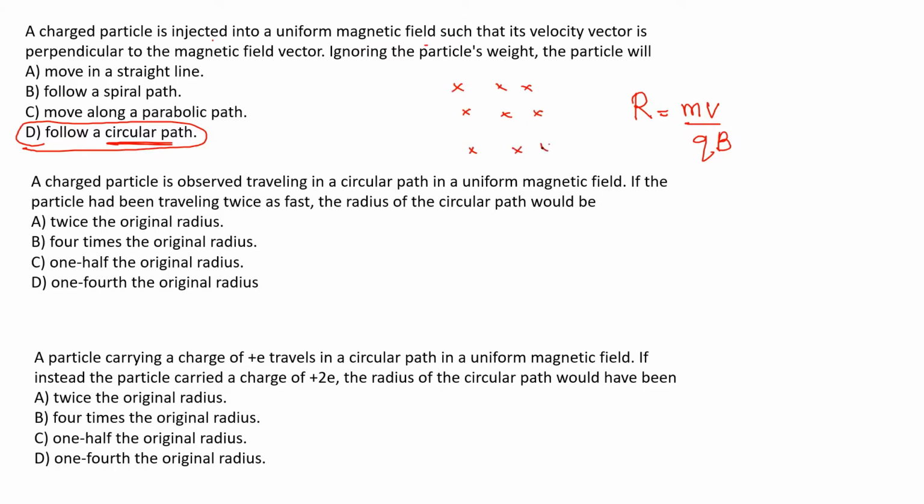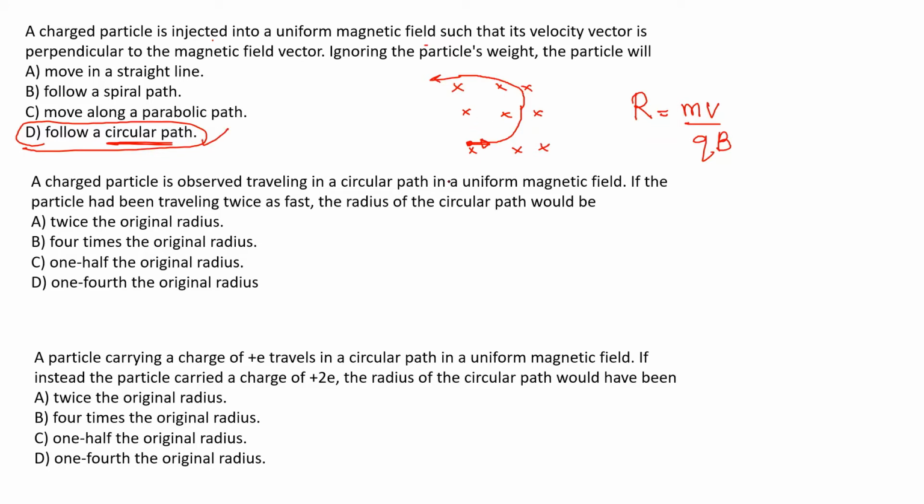Injected means it just enters the magnetic field. We know it will go around and come out. So it is like half a circle, but they are not digging that deep. They are just asking what is the shape of the path. It is a circular path, but really it is half a circle.